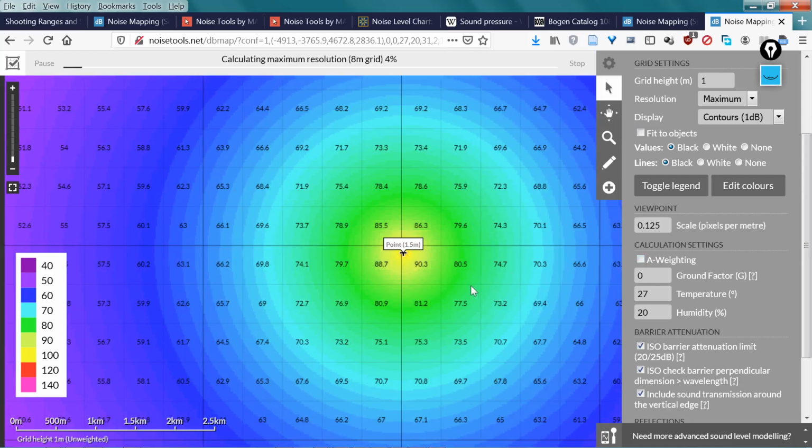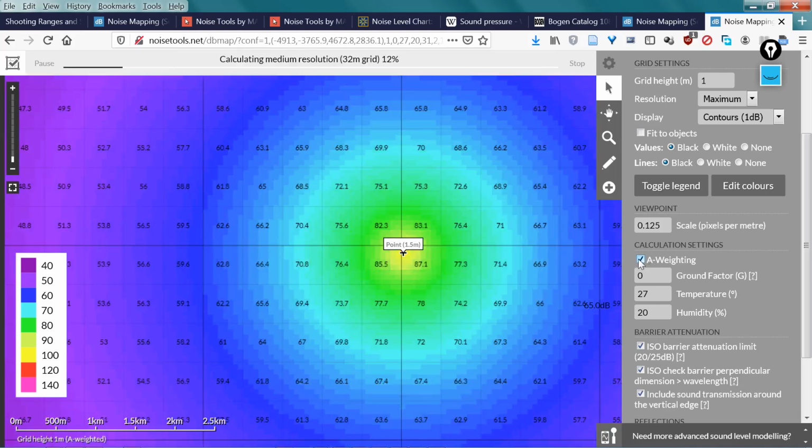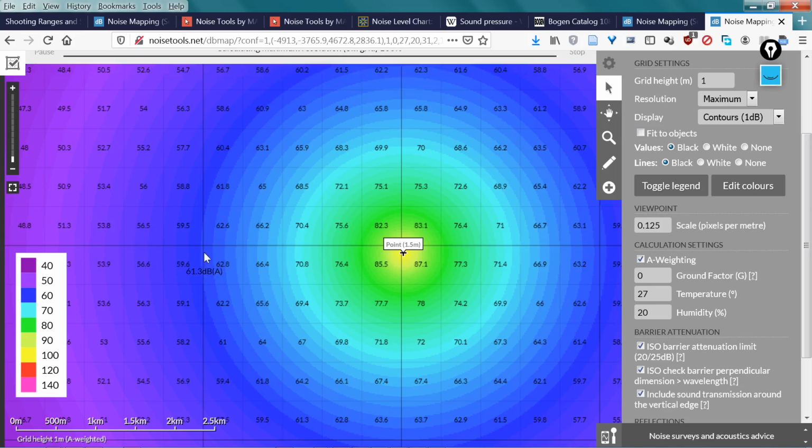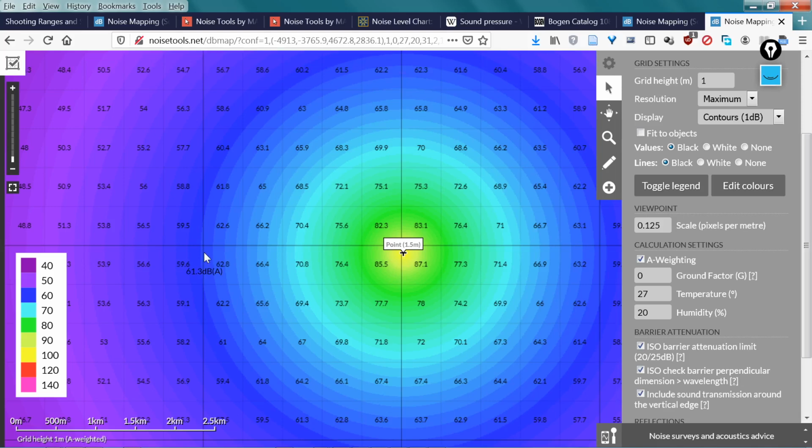I'll let it calculate there. Well, actually, let's put A weighting back on. And we wanted to get down to a normal conversation, which was 60. Then we'd have to go out, let's see, almost 2.5 kilometers, or what did I say? Times 0.6 would be 1.5 miles.